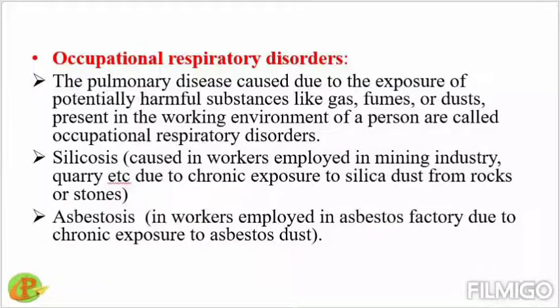It happens when you have repetitive encounters with silica dust. It happens in the mining industry. And asbestosis: workers working in asbestos companies come into contact with asbestos dust all the time. So definitely their respiratory tract gets infected, and they do not have a healthy way of respiration.